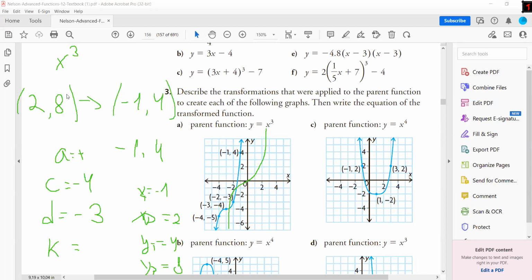So (2, 8) are the points for the parent function, while (-1, 4) are the points for the transformed function. And you can pretty easily check it. (2, 8), you substitute 2 into y equals x to the third power, and that would be equal to 8. So it's right.